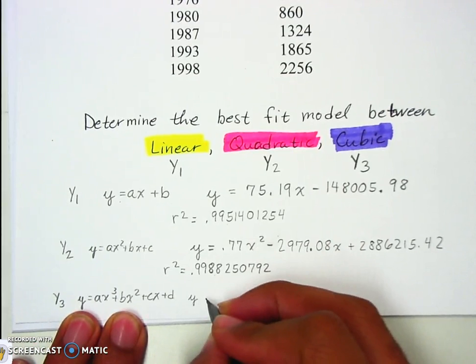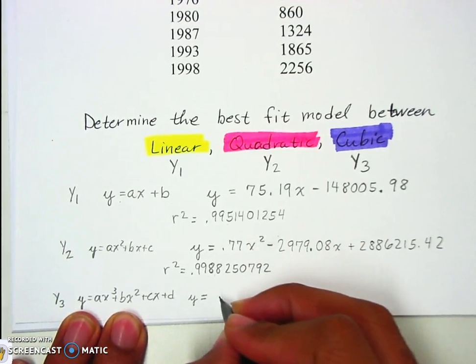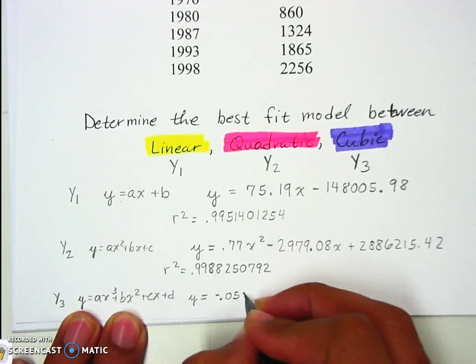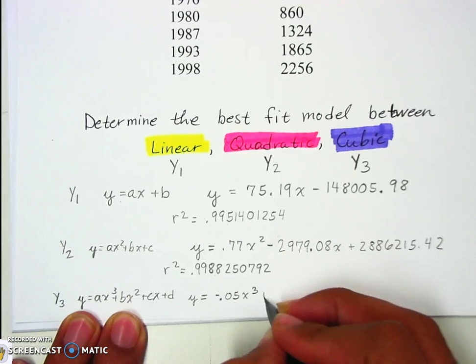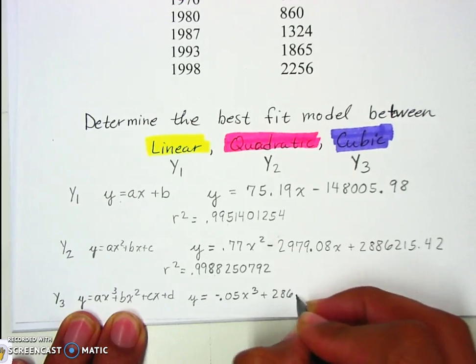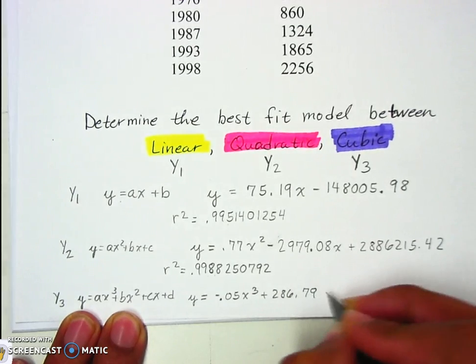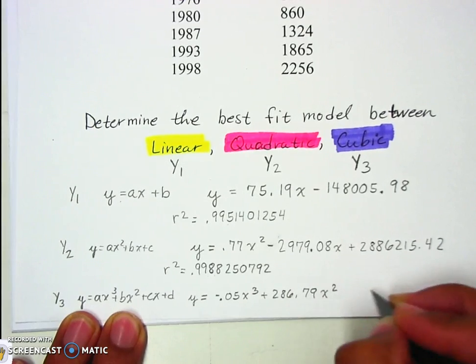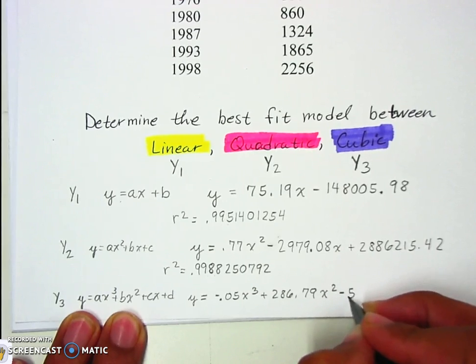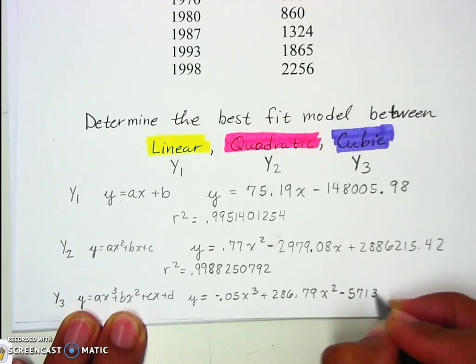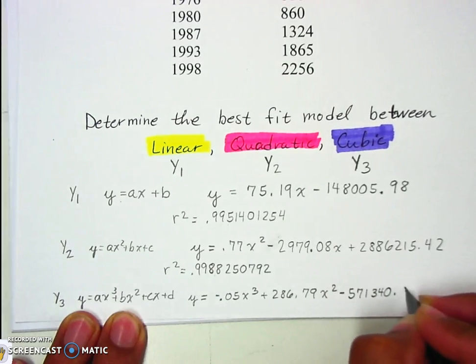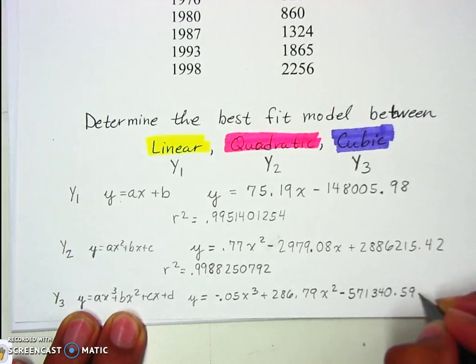Alright, so here, you have a negative 0.05 x cubed. And then each one of these should be the same numbers that I have here. Should be on your paper. And again, make sure you know how to do this in the calculator by yourself, because you will have this on your next test.